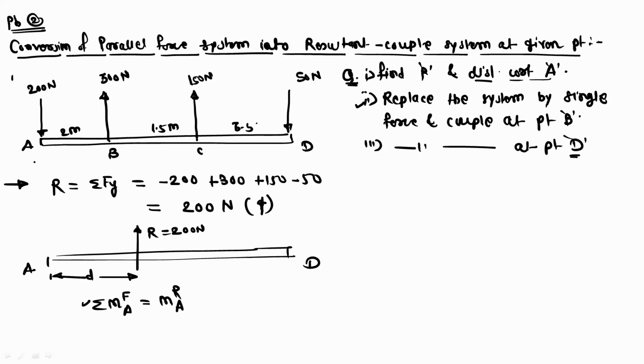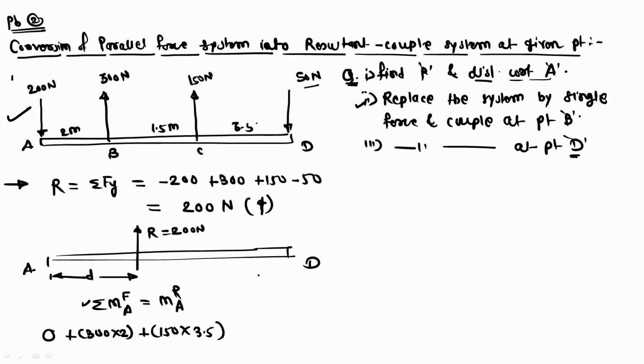So for the left hand side, observe this diagram. At point A, if you take the moment, then the first moment is 0 by 200. Second moment is 300 into 2. Next is 150 into 3.5. Again, it is positive because it is anti-clockwise.